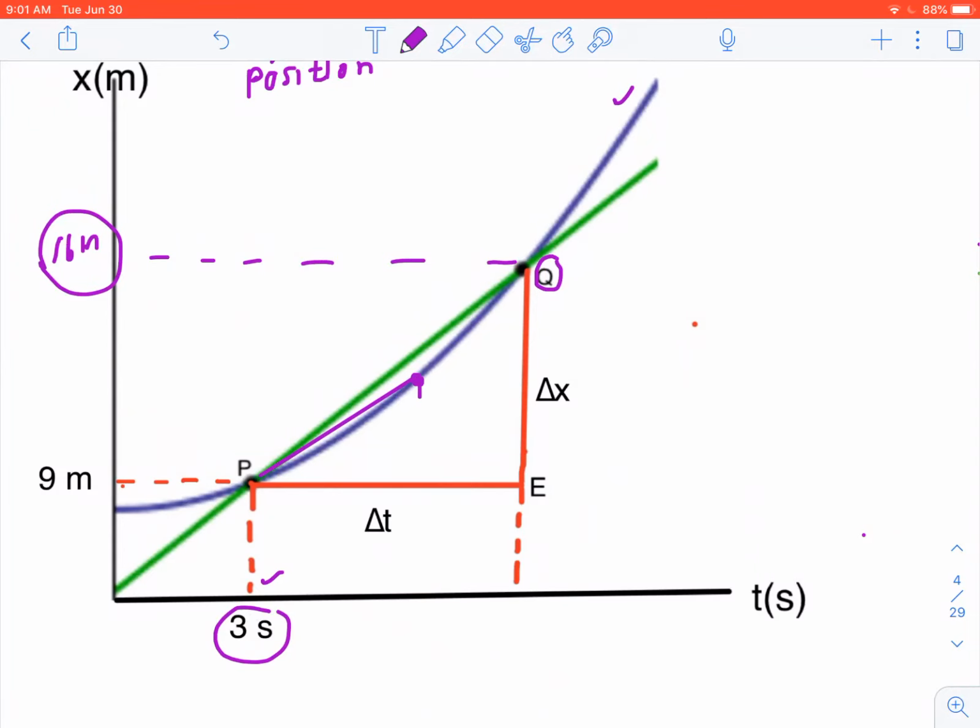And so what do we do? The same thing. That's my change in x.